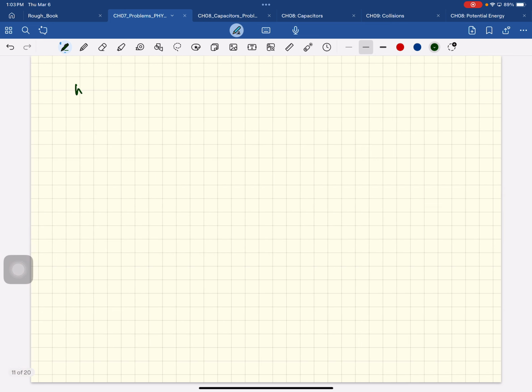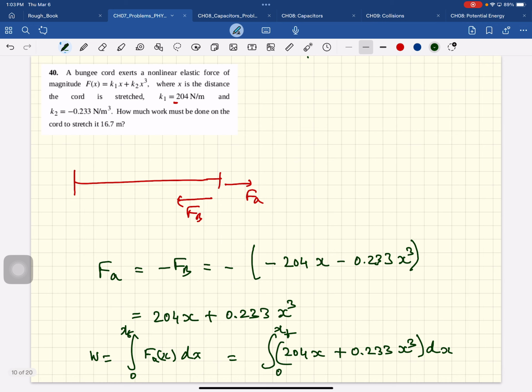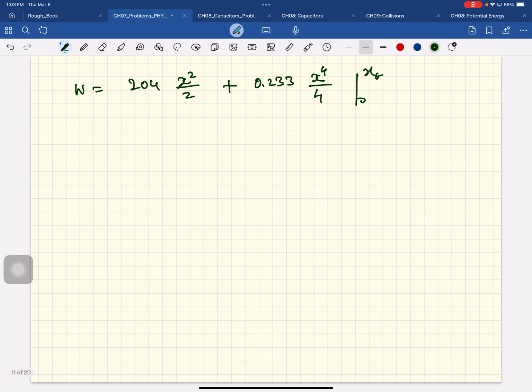So the work done is 204 x squared by 2 plus 0.233 x to the power 4 by 4, from 0 to x final. What was x final? How much did you stretch this bungee cord? 16.7. Very good.